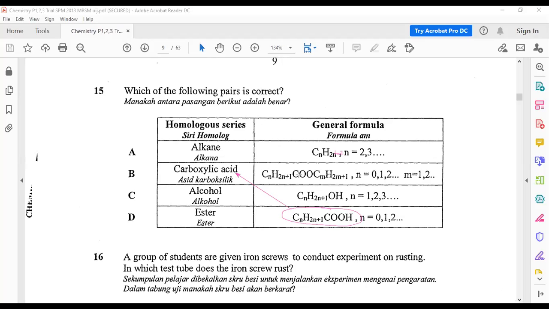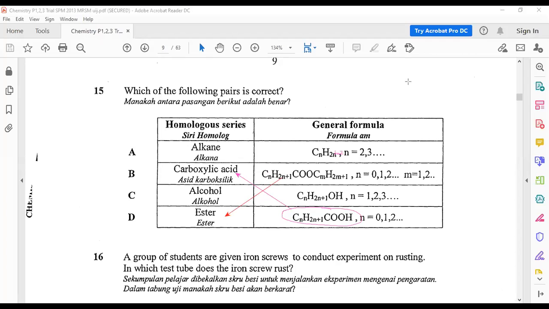The CnH2n+1COO, this longer one, should be the general formula for who? Yuan Kai. Ester. Yes, this should be for ester. So your answer is C.